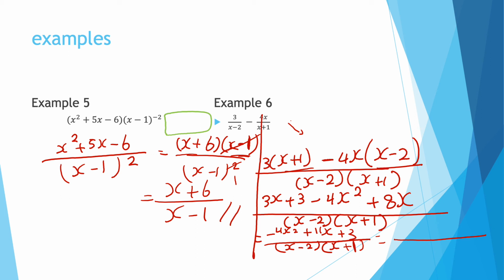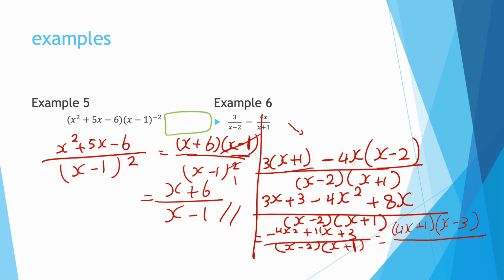So you can use the method of factorizing a quadratic there, and you'll end up with 4x plus 1 and x minus 3.